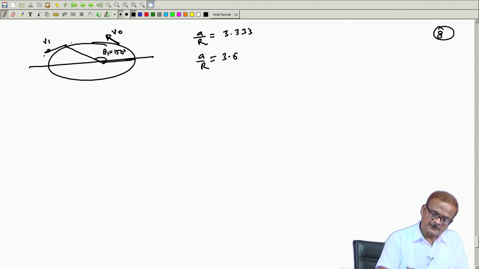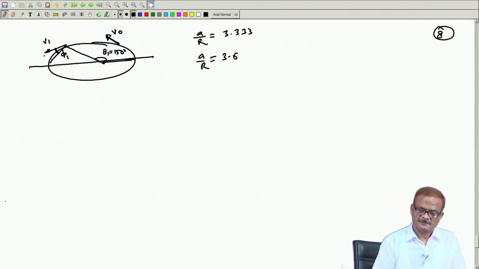Now, in whatever direction we have to give the impulse, we will require the flight path angle, and let us say the flight path angle here is phi 1. Without the flight path angle, this problem cannot be worked out. So, we need to determine this value.